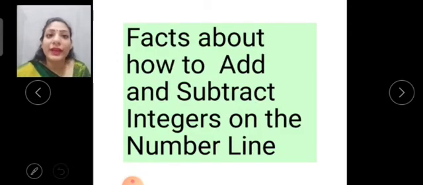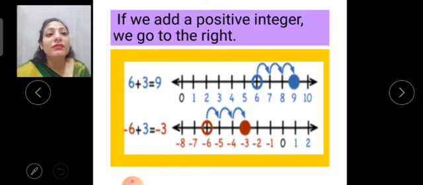Now facts about how to add integers and subtract integers on the number line. If we add a positive integer, we go to the right.